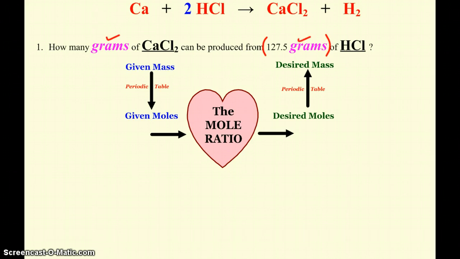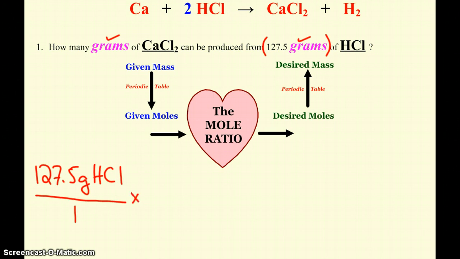Well, I take my given mass, 127.5 grams of HCl, and like many problems we've already done, I put that over 1. And then in my next conversion factor, I have to have grams of hydrochloric acid on the bottom because I'm converting. So grams of hydrochloric acid have to be diagonal. So that's my given mass, and I'm changing it to moles using the periodic table.